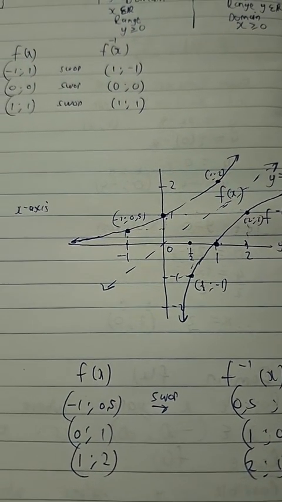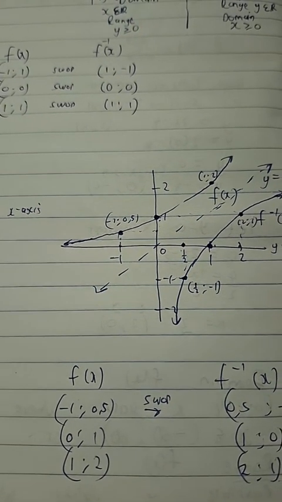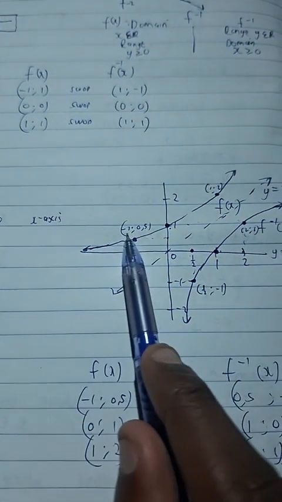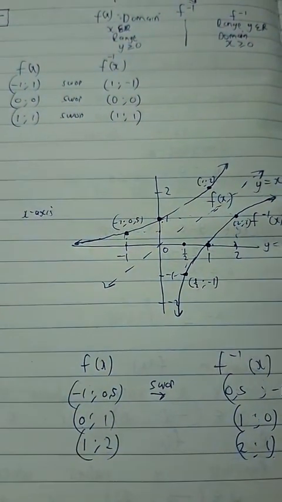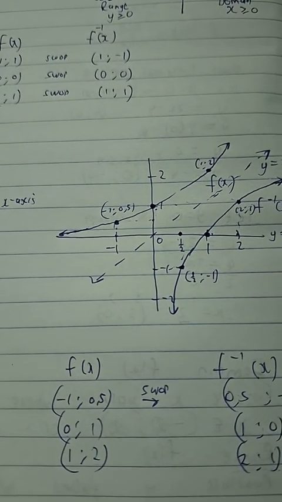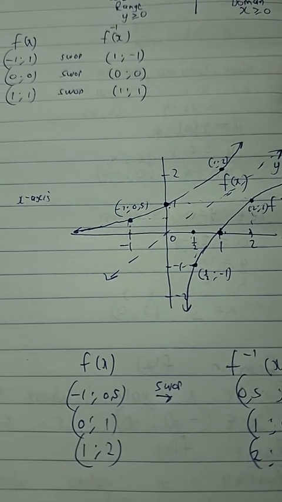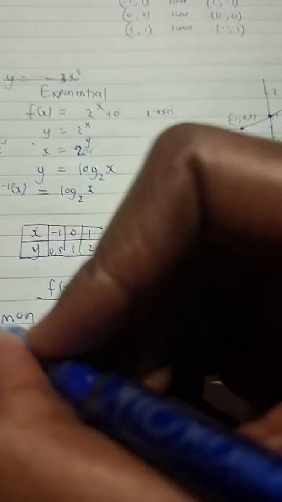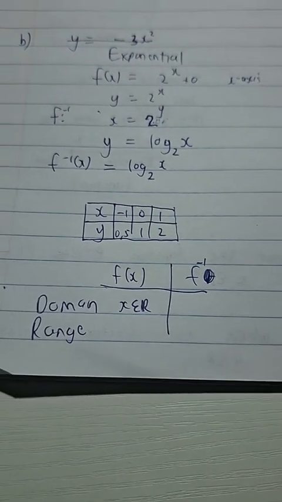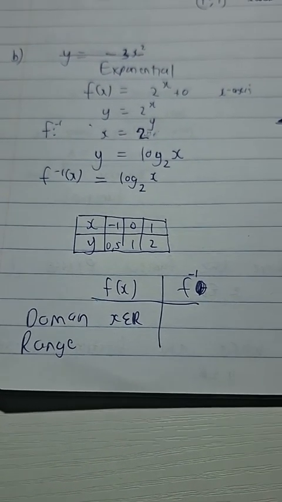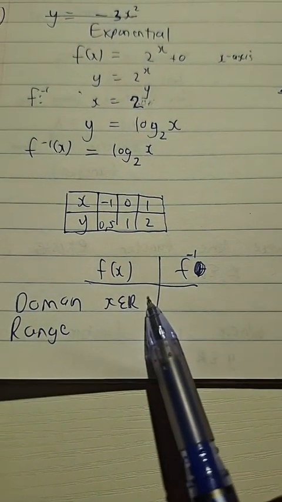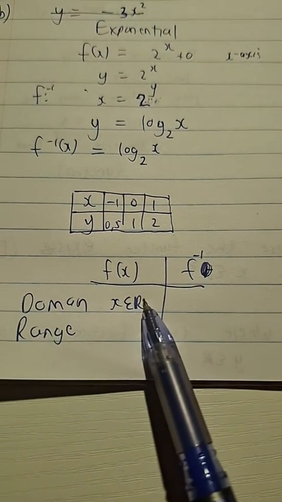Remember, the domain is the possible x values where the function exists. So if you move from left to right, will the function be existing everywhere for x? That's the question. If you say yes, it does exist everywhere for x, then we can write the domain as x is an element of real numbers. Or we can say x is an element of (-infinity, +infinity). This is an indication that the original function exists everywhere for x.